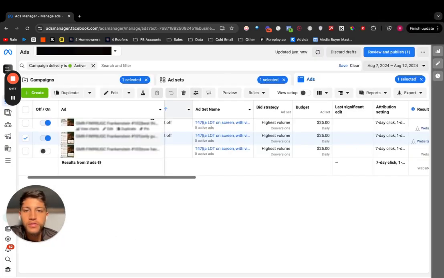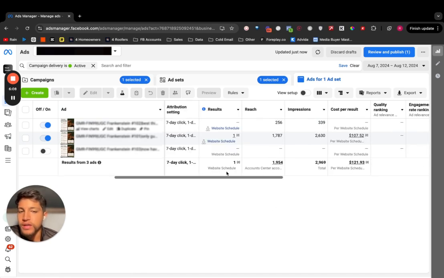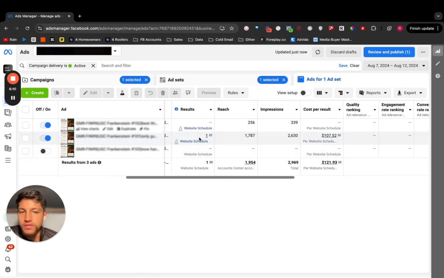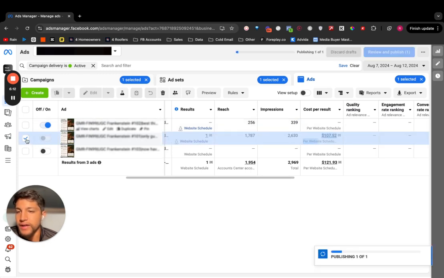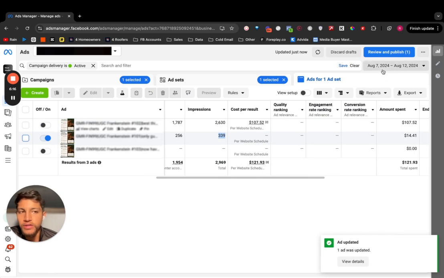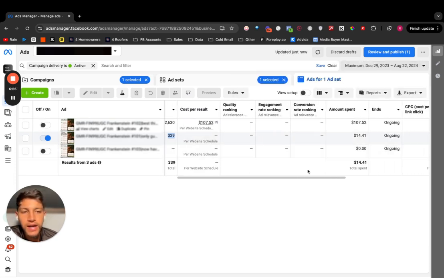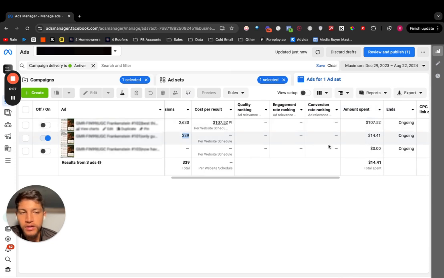So what we do is we group them together so that we can see if the format is bad or if it's just the messaging that we're using in the format, the hook, the headline, etc. So because we do that, although yes, we can go ahead and kill this ad, there's also other ads that are running as well. So we want to take a look and see, is it just the hook and headline or is it the concept overall that's bad? So if we look at this entire ad, we can see there's about $121.